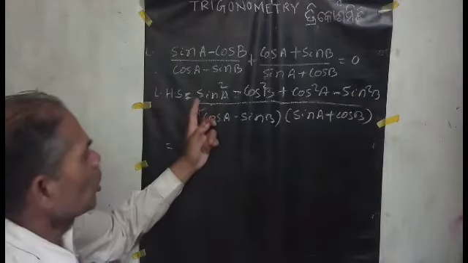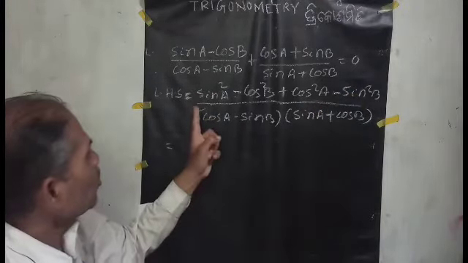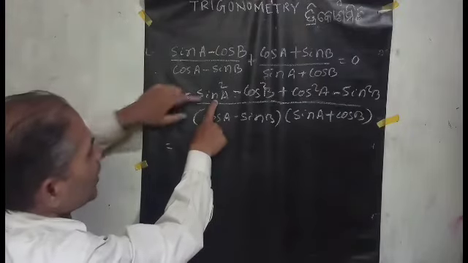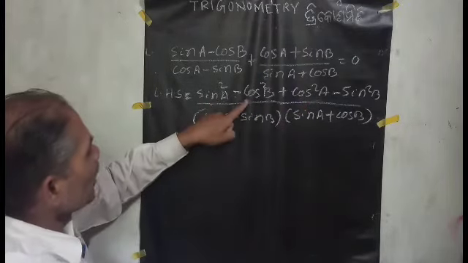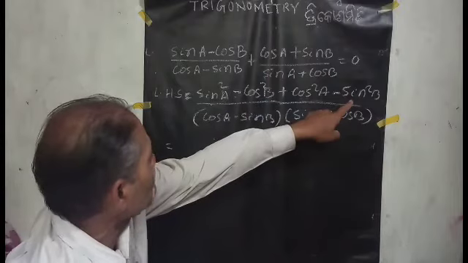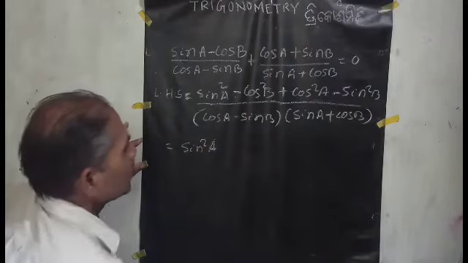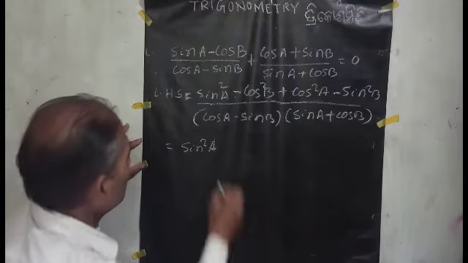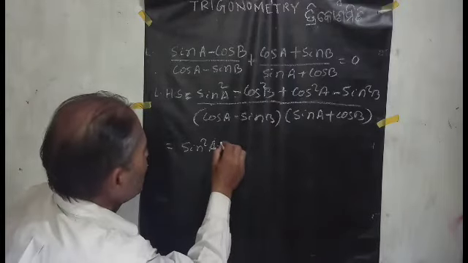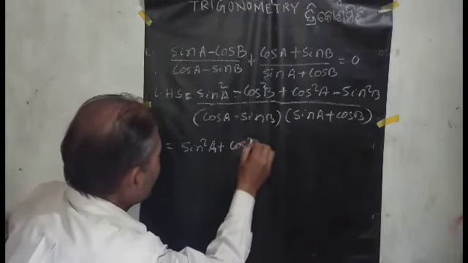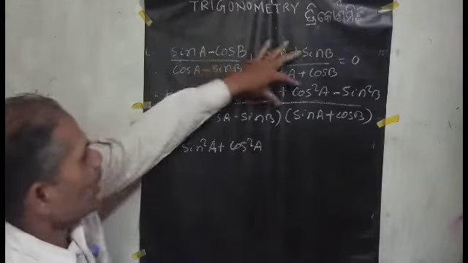You observe the numerator line. What do you find? Sin square A plus cos square A, minus cos square B minus sin square B. Sin square A plus cos square A is 1.